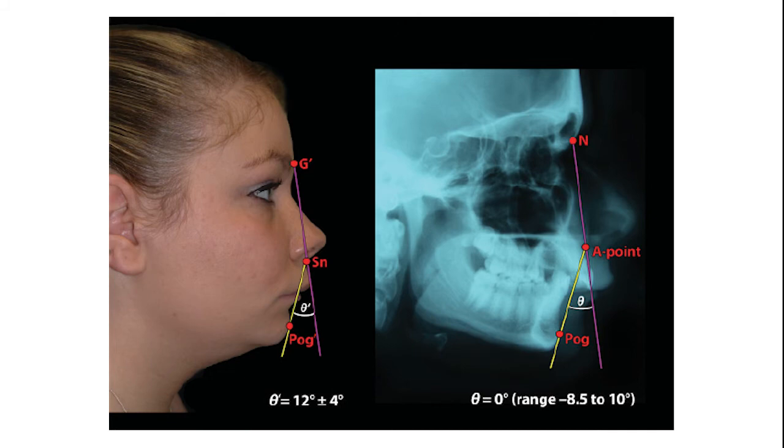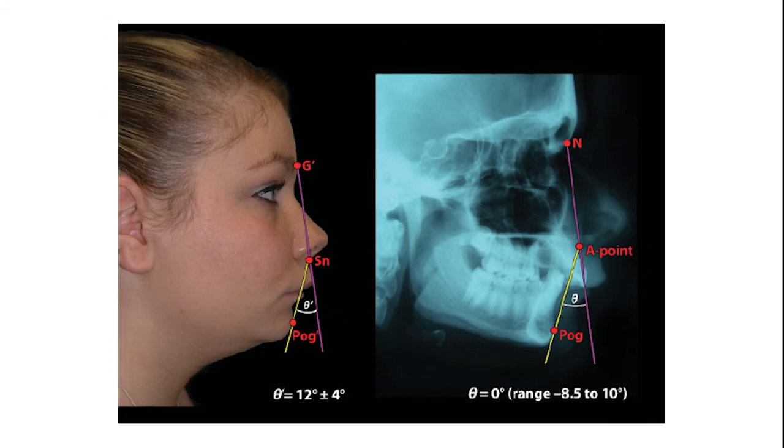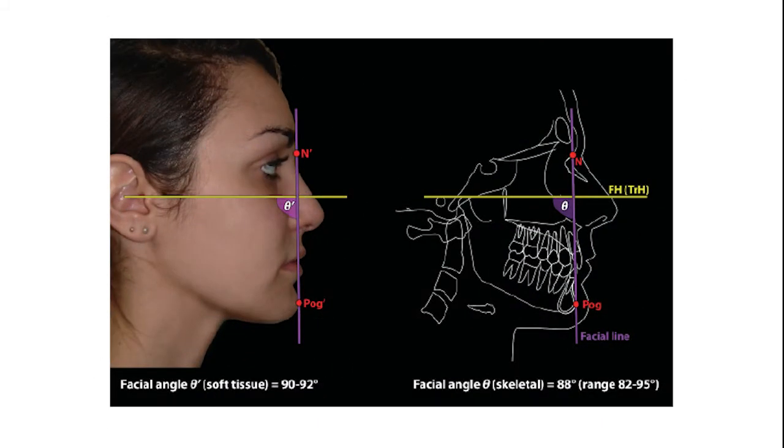A negative angle of convexity indicates a class 3 concave skeletal profile. Downs provided a range of values from minus 8.5 degrees to 10 degrees with a mean of 0 degrees. Again, as with the facial contour angle, the angle of convexity does not determine the localization of the deformity to the maxilla or mandible or chin.